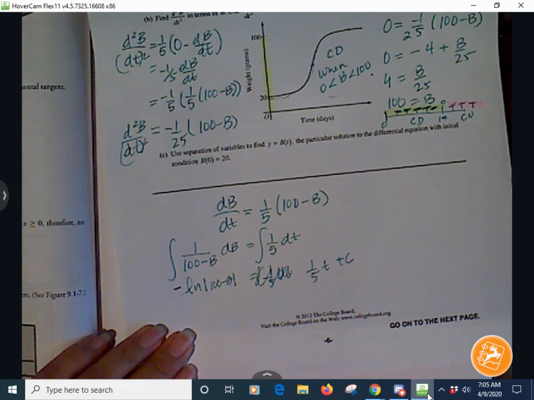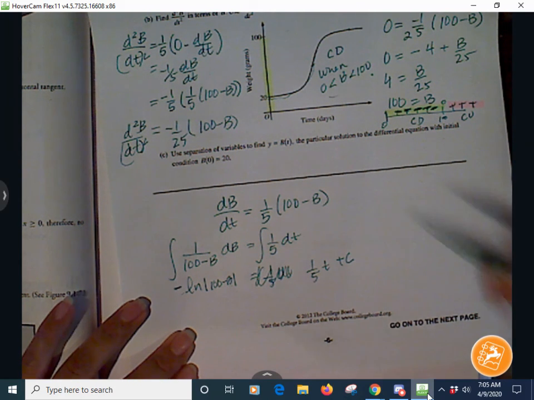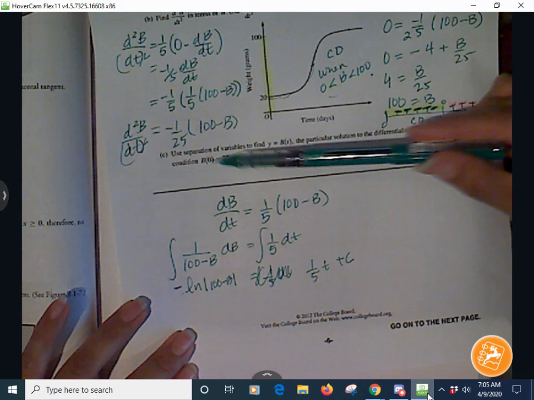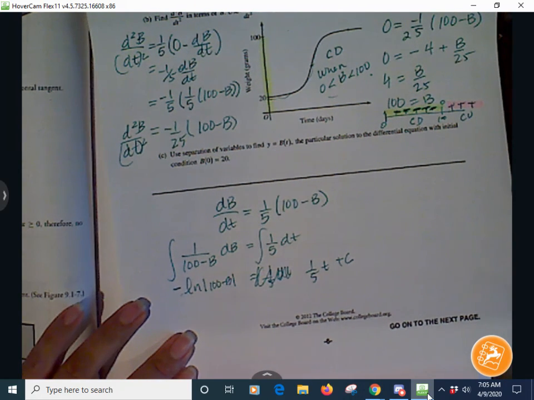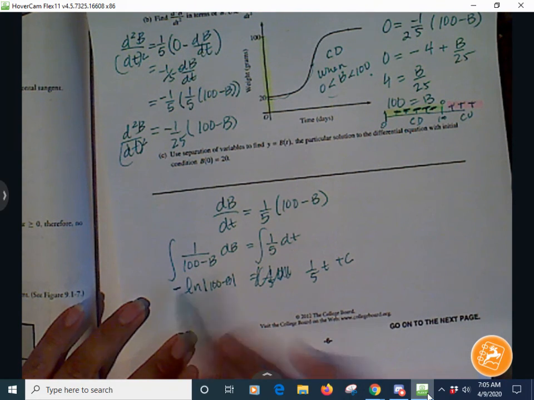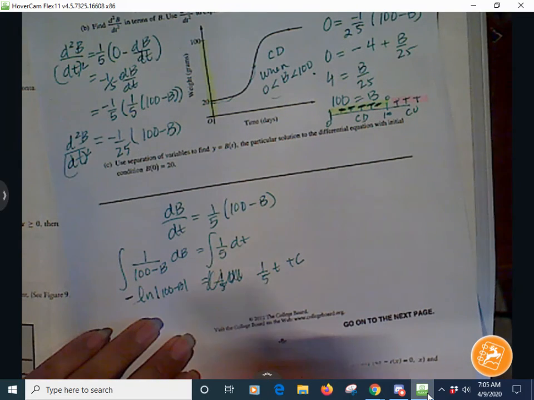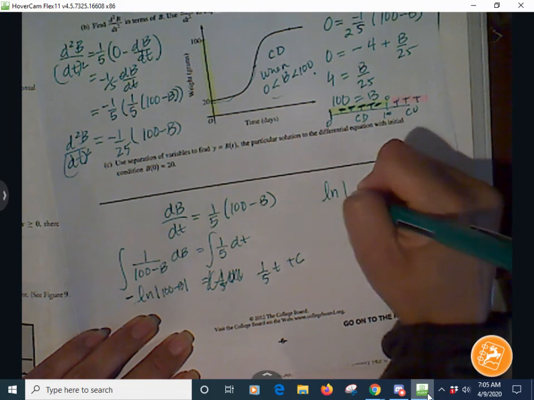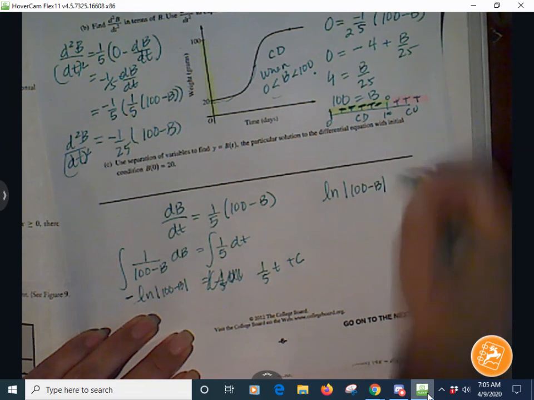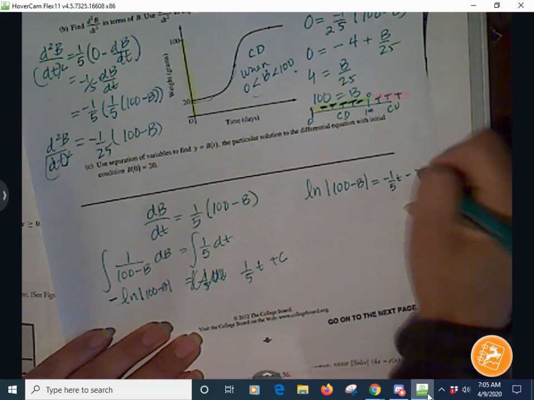And so now I've got this solved out, and I need to find my c, and I am given that B of 0 is equal to 20. Actually, it might be easier if I get rid of this natural log. So let me move this negative over. So I'm going to have natural log of 100 minus B is equal to negative 1/5 t minus c.